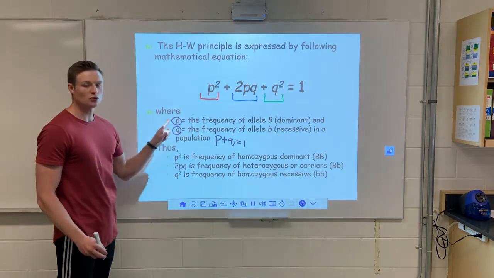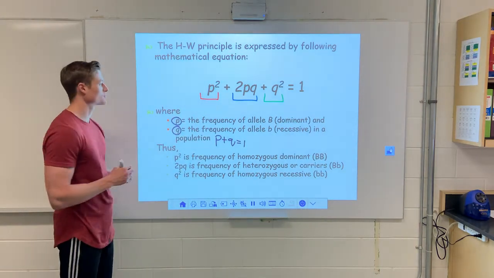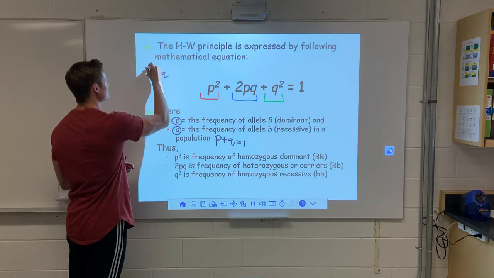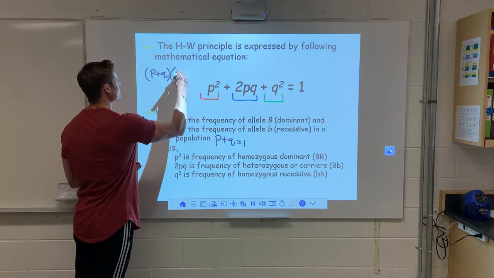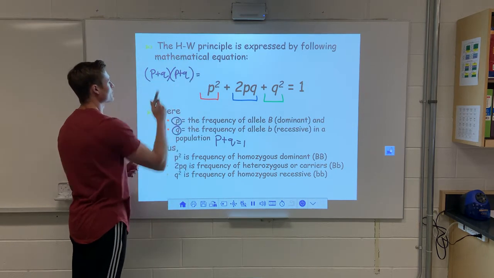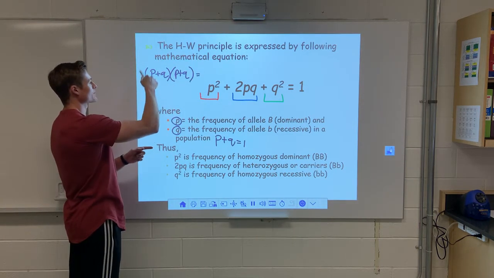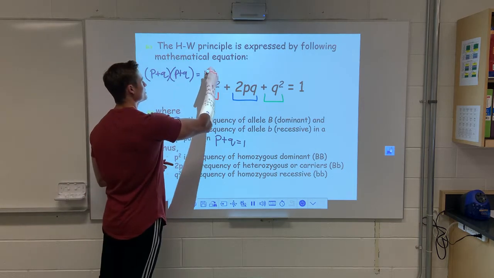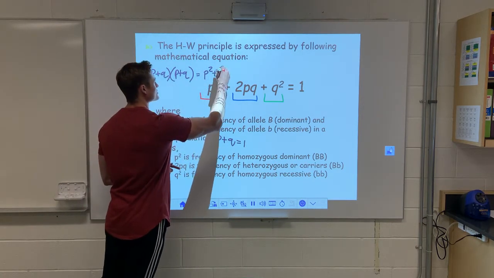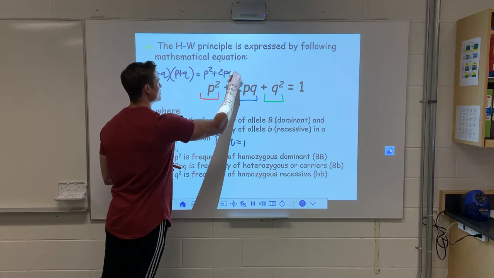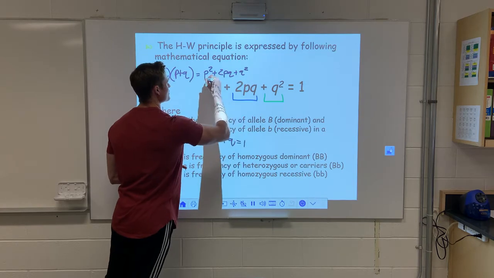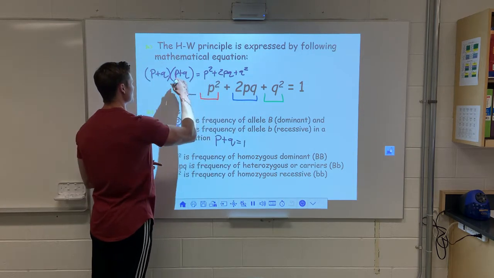Because we know we have two alleles, what we can do is essentially FOIL, for you math people out there, this equation. All right, what does this give us? First, p times p, p squared, pq, pq, so that's 2pq, and then finally our last q squared. So that's where this equation comes from.